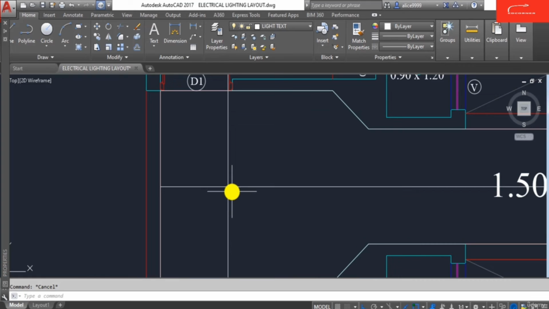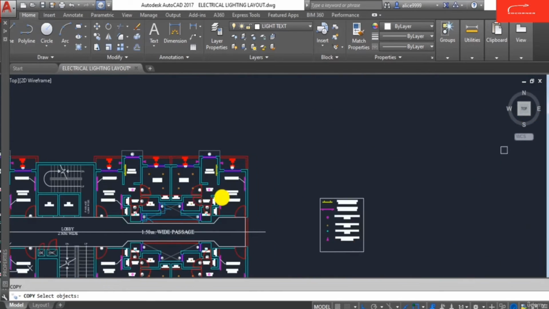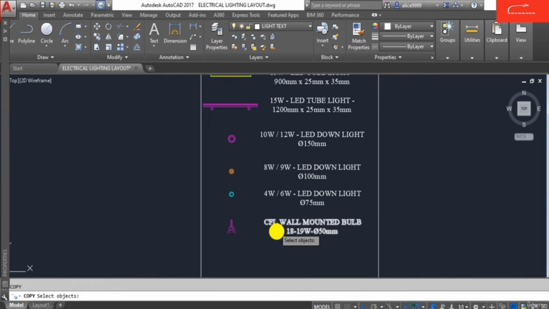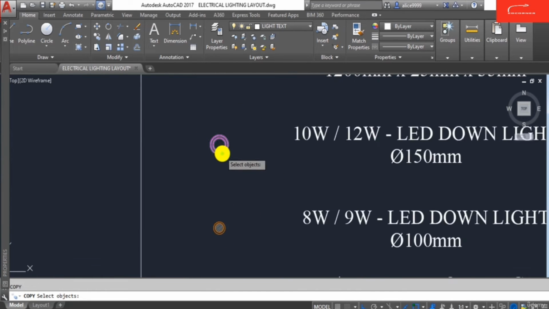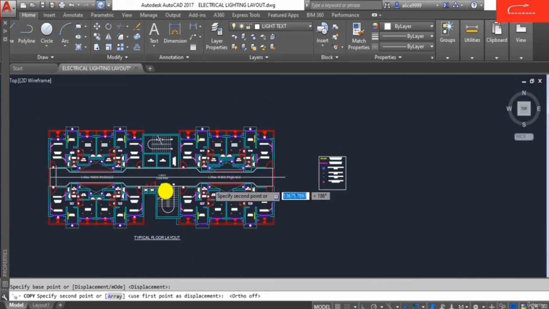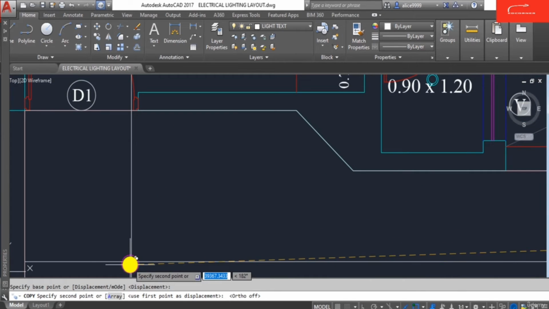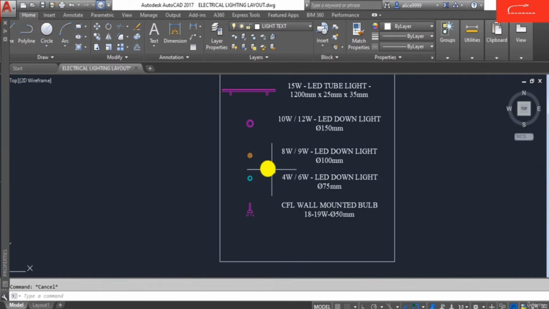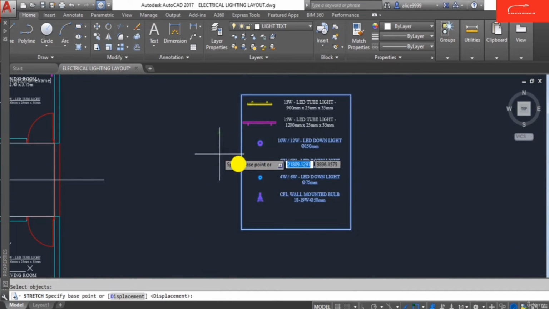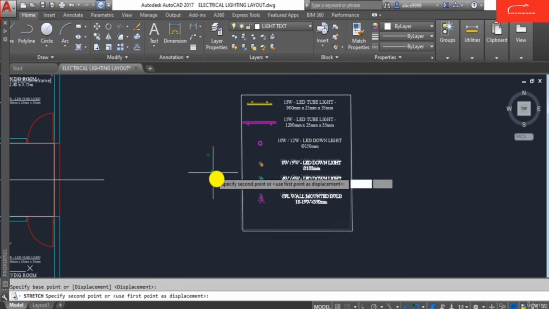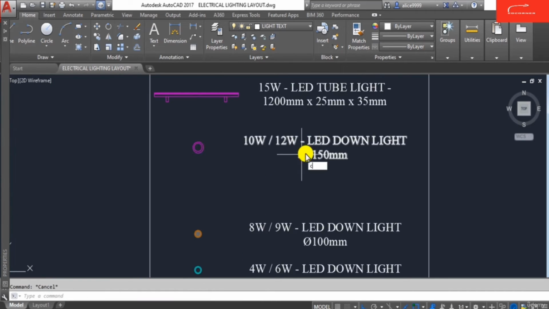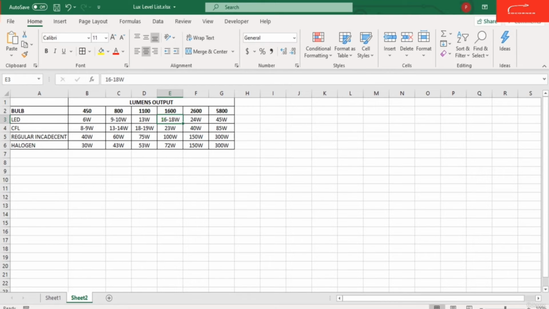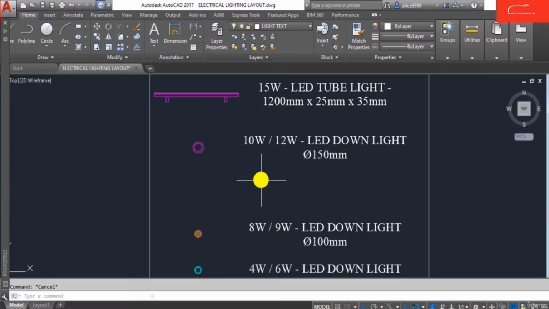Into this center line, firstly I will mention this LED. For that, firstly we mention 16 to 18 watt LED.